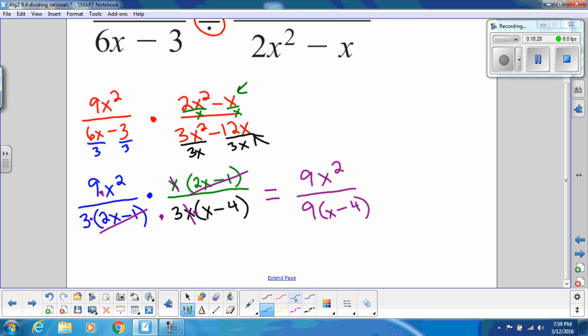Okay, so this is what I was talking about. You see how the 3 times 3 got combined to be 9, so I can cancel those 9s out. Remember, I can still cancel those because this one's multiplied by x squared, this one's multiplied by x minus 4. Okay, so here I have x squared divided by x minus 4.